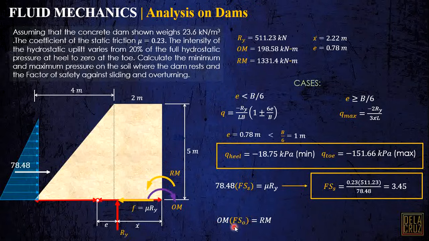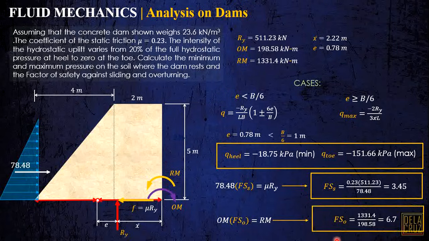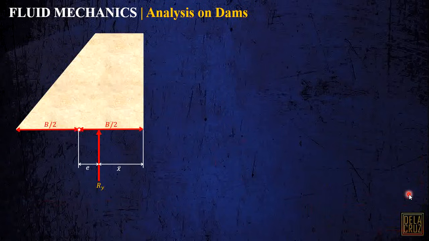We just multiply them by the factor of safety, again in order to calculate how many times stronger our resistance is. And cross multiply that. Okay. So, understand? Maybe we just derive this one. A slight derivation. So imagine this one. That's all.